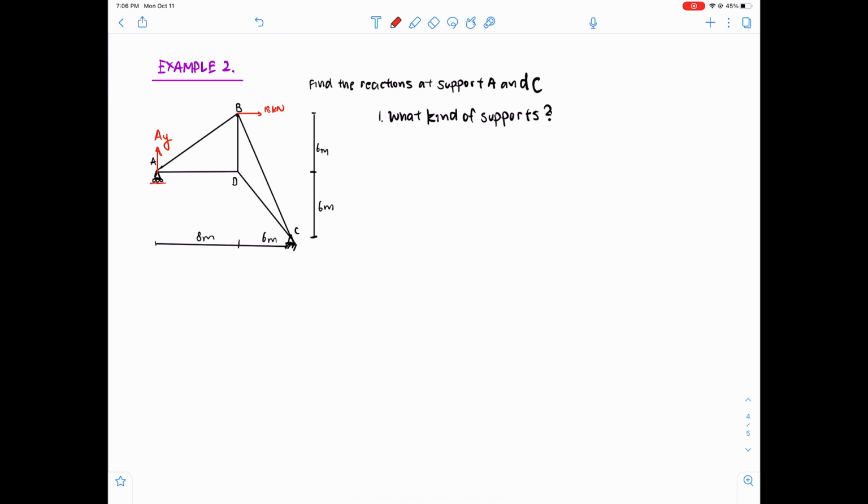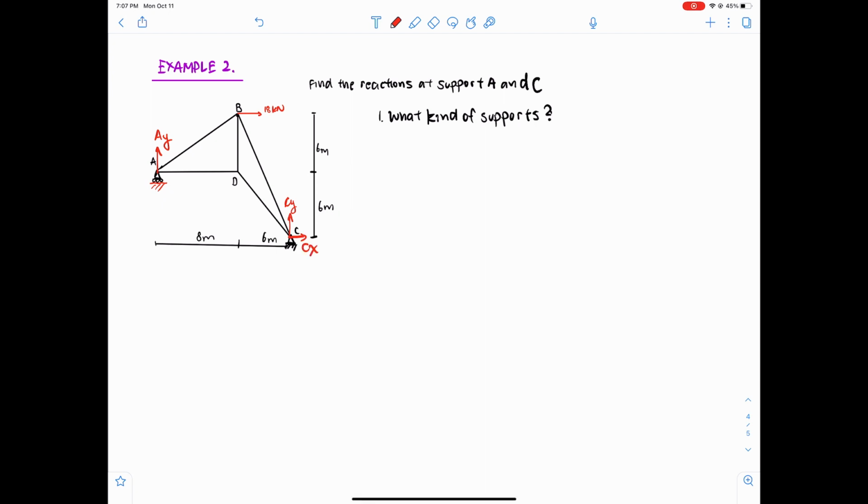Since once again, if you imagine these as little wheels on the bottom, if you pull it horizontally, it will move, all right? And this one is a hinge support, all right? So it is resisting forces both in the vertical and the horizontal directions, all right?